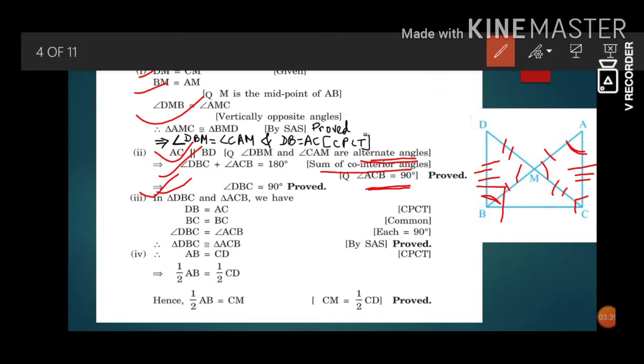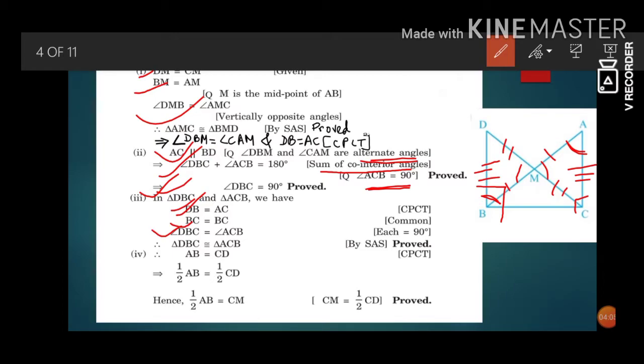Now this was what was required to prove in this part. The next thing that we have to prove is another congruency, of triangles DBC and ACB. In these two triangles we have DB equal to AC from the first part by CPCT. BC is a common side of both the triangles, and angles DBC and ACB both are 90 degrees.